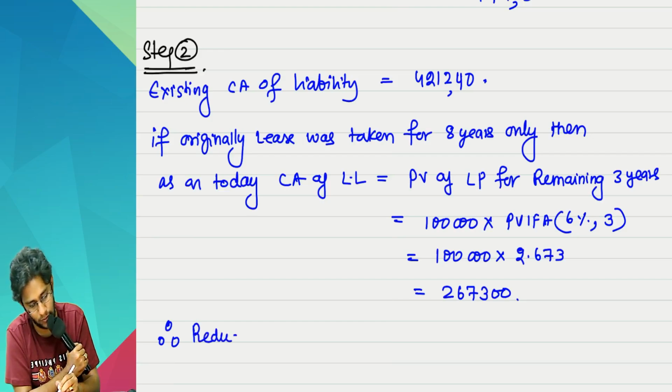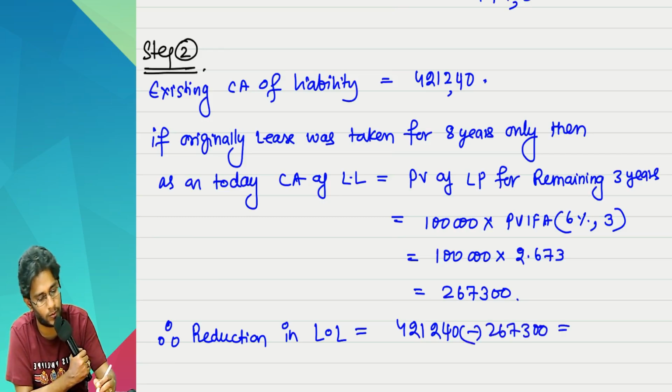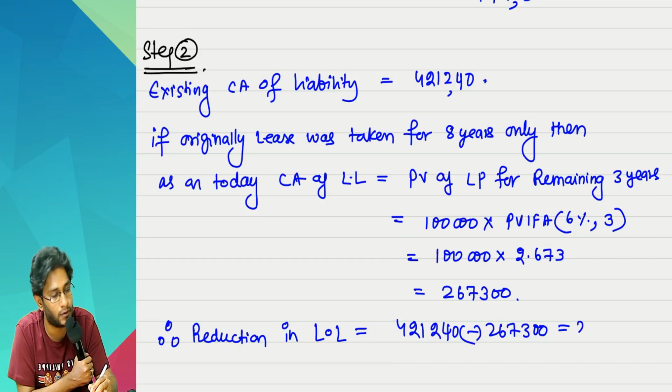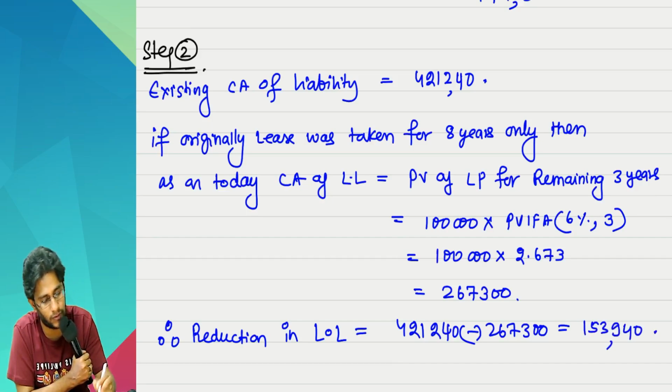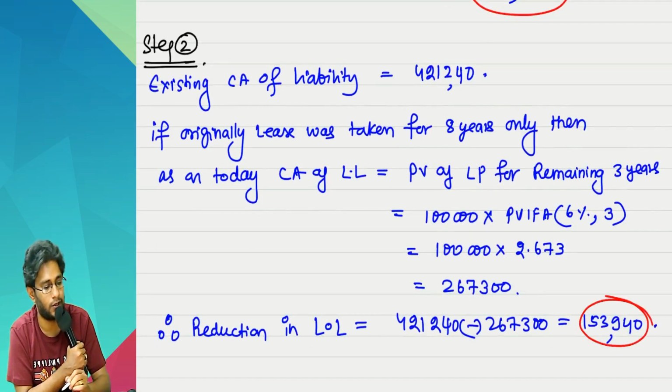Therefore, reduction in lease liability is equal to 421,240 minus 267,300, how much is it? 153,940. So you can observe now, the decrease in asset is this, the decrease in liability is this.